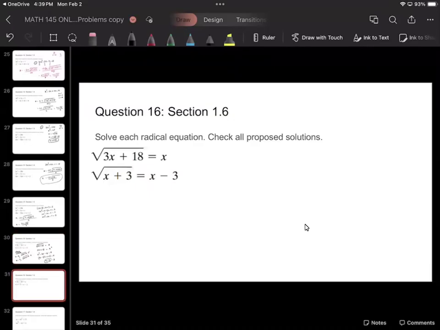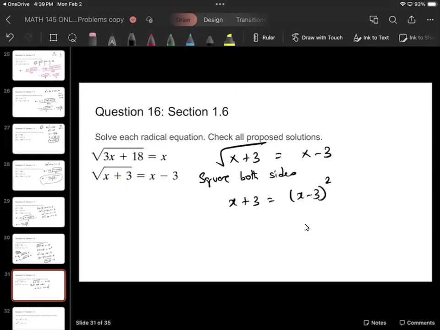In the second one, I do the same thing. I'm going to square both sides. The square and the square root cancel each other out, but here I end up with the square of a binomial, so I have to expand it. This becomes x squared minus 6x plus 9.